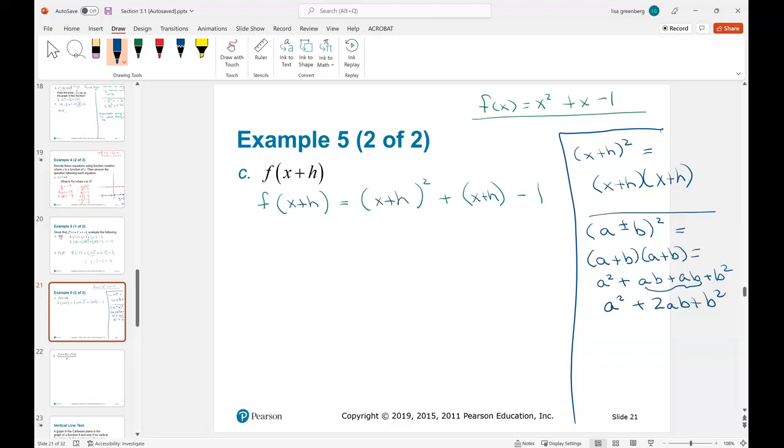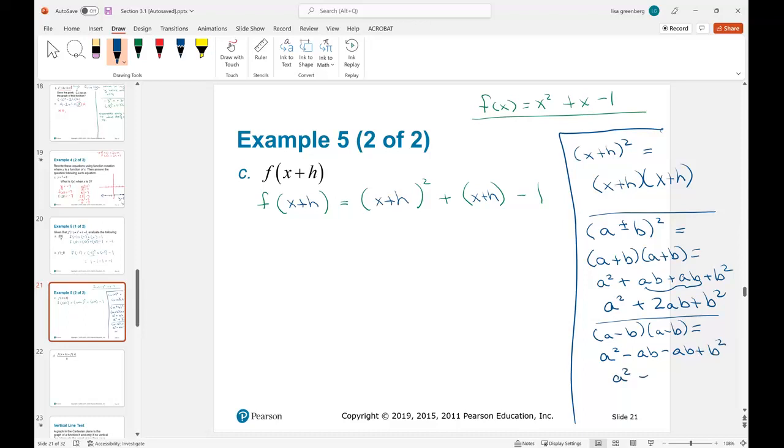And if it was minus, you'd get minus 2ab, right? So if it was a minus b times a minus b, I would get a squared minus ab, still plus b squared.